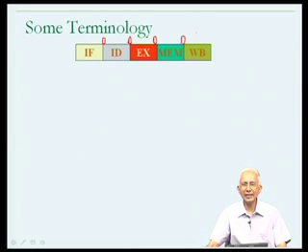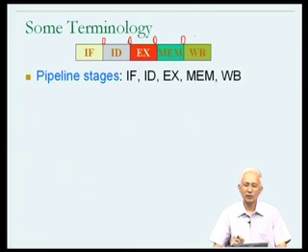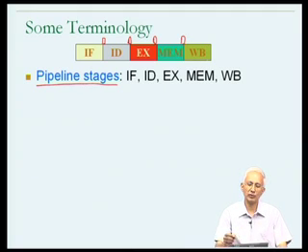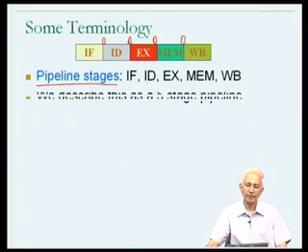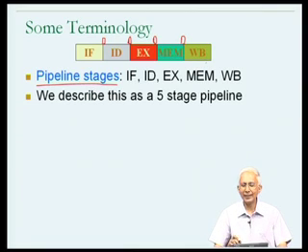But in referring to any one of these pieces of hardware, the most common term which is used is to refer to them as the pipeline stages, or the stages of the pipeline. So I'll talk about the IF stage, or the instruction fetch stage, the write back stage, or the WB stage of a pipeline. Now this particular pipeline has 5 stages, and I could therefore describe it as a 5-stage pipeline.